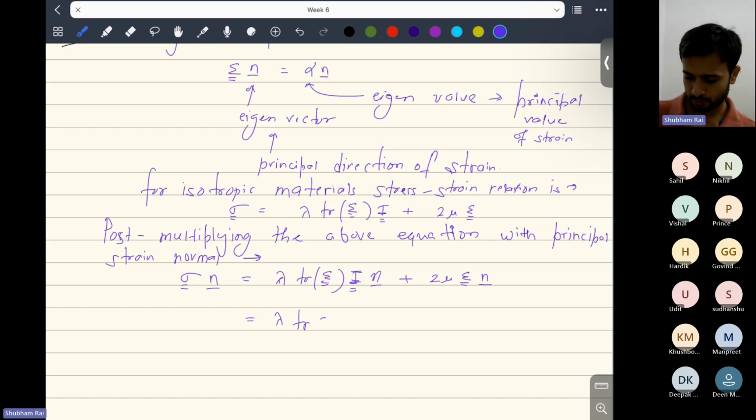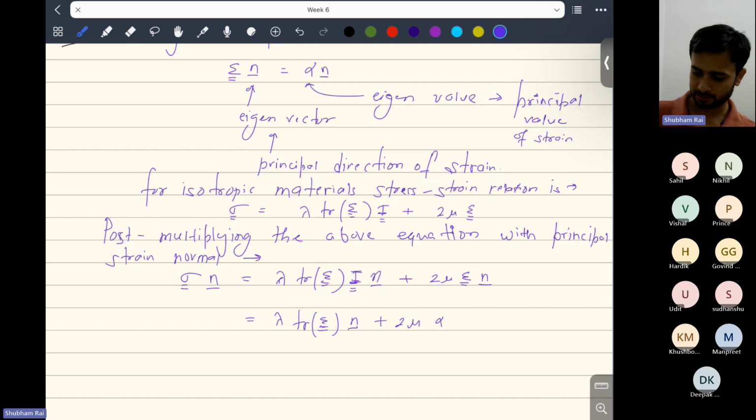Obviously, this is trace of epsilon, so it will be the summation of principal values, because the shear terms will go to zero in the principal coordinate system. And I times n will be n only. Thus 2 mu epsilon n: if n is a principal direction, epsilon n will be alpha times n, where alpha is the principal value of the strain. So I have used this equation here.